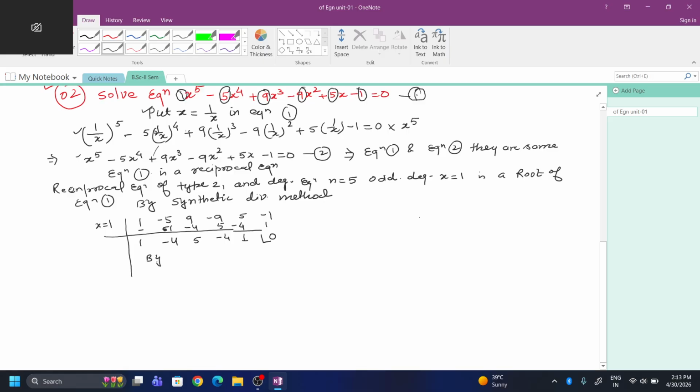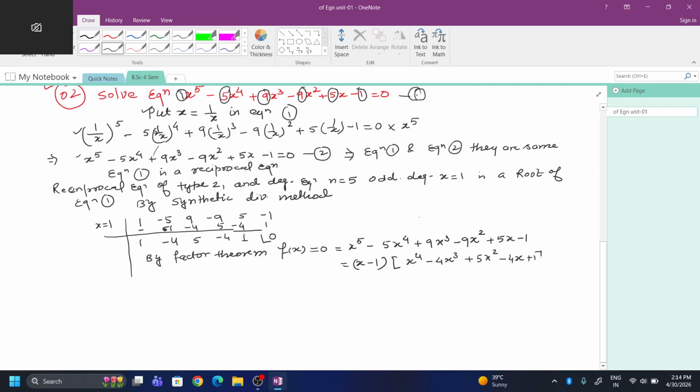So by factor theorem, we have f(x) equal to 0, that is x to the power 5 minus 5x to the power 4 plus 9x cube minus 9x square plus 5x minus 1 can be written as x minus 1 multiplied by x to the power 4 minus 4x cube plus 5x square minus 4x plus 1 equal to 0.